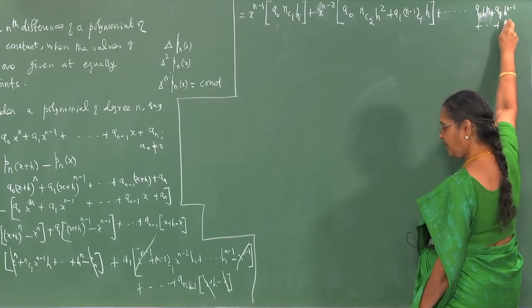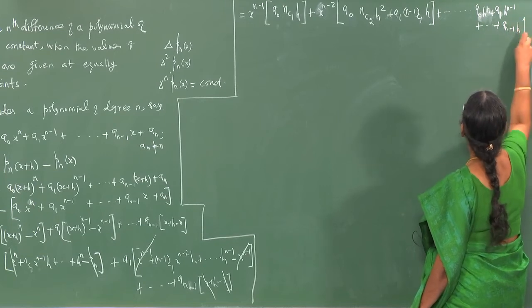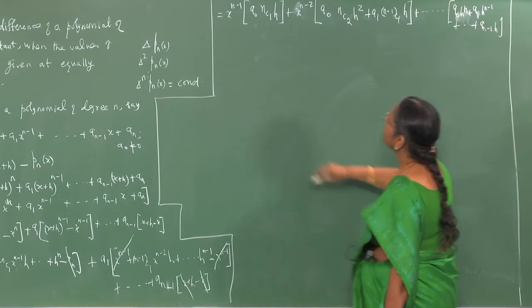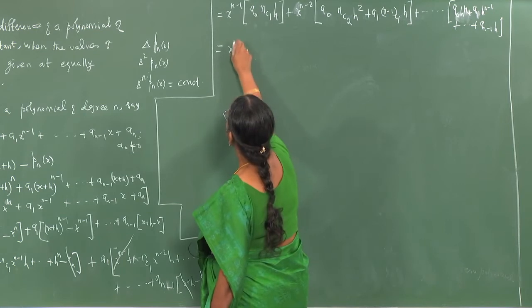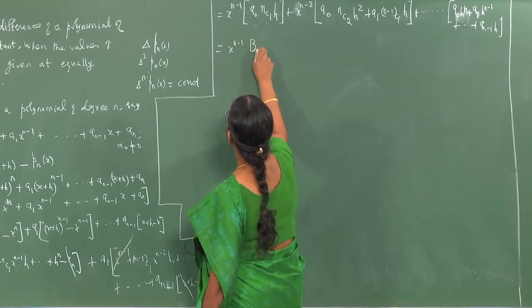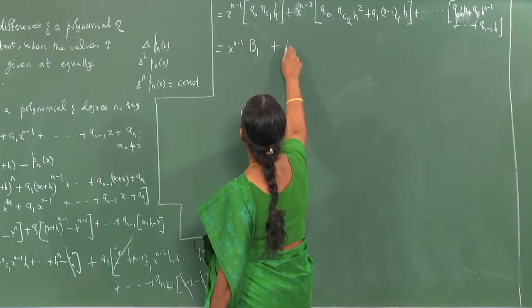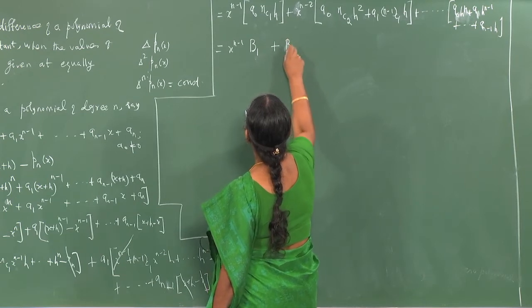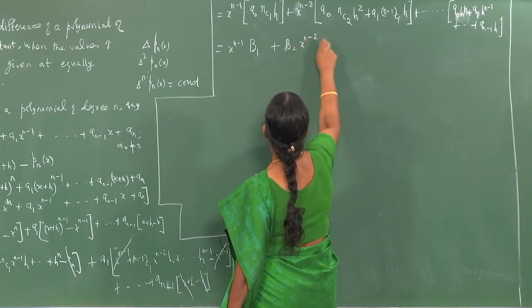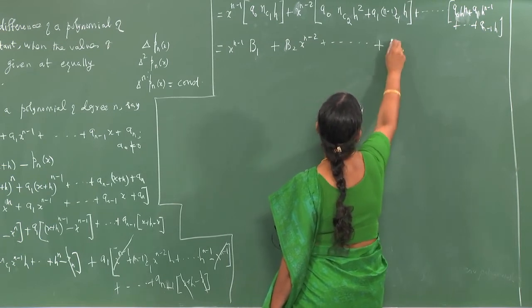And the last term gives you a n minus 1 into h. So, this is something like x power n minus 1 into some coefficient b1 plus some coefficient b2 into x power n minus 2 plus etc.